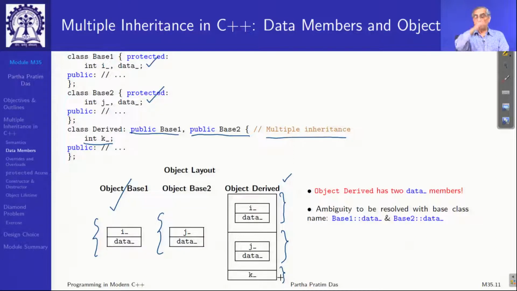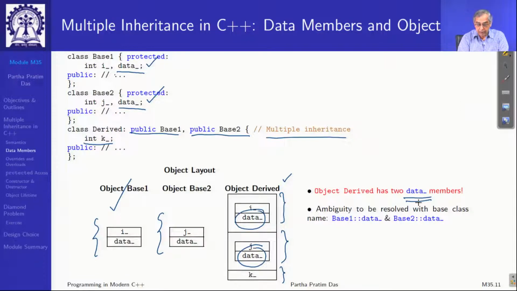Now, this relative order, as I said, is not specified in general. The compiler will decide that. The interesting factor to note here is that there are two data members coming from two base classes, both of whose name is data_. So, as a derived class object, how do we refer to this data member?